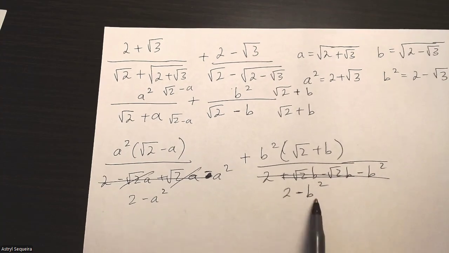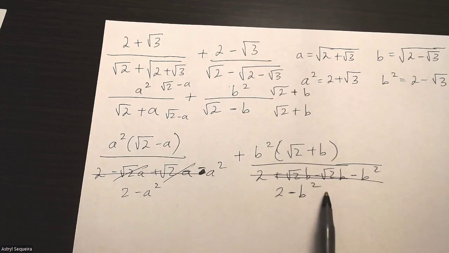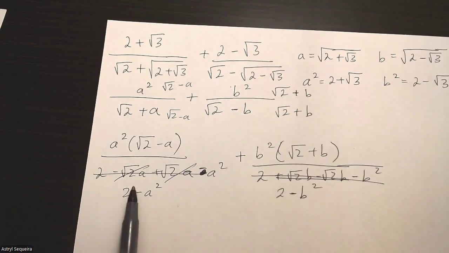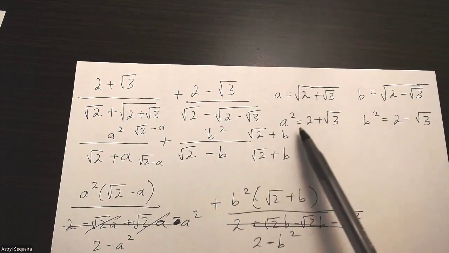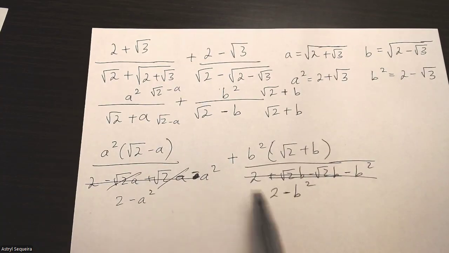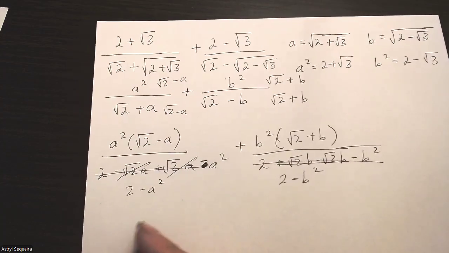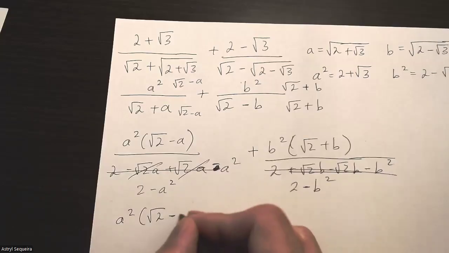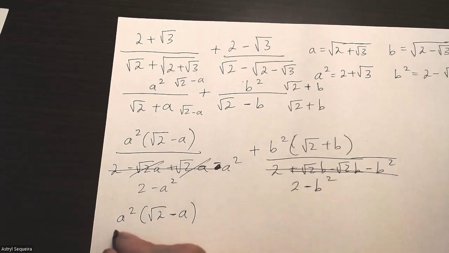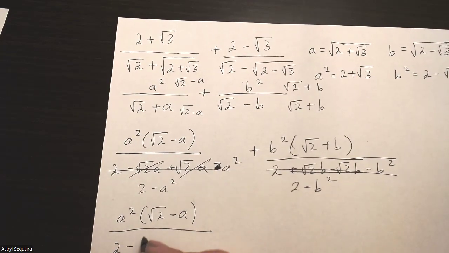Actually, I'm going to simplify the denominator first, because that's a lot easier to simplify. A squared and b squared have 2's over here, which will eventually cancel out with these 2's. So I'm just going to simplify the denominator first. I'll work with the numerator once I have the denominator completely simplified.